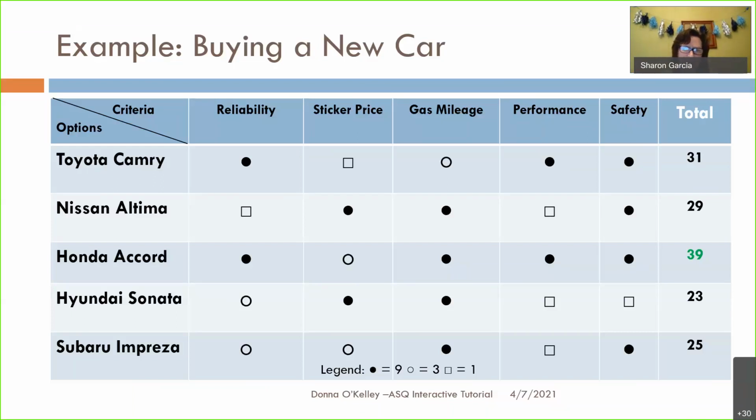Yes, right. If reliability is something you're looking for more than gas mileage, you can actually put a weight to those as well. That happens a lot in the other two methods I talked about that I wasn't going to cover today. If you're just starting out, this is very visual, but you could just put the numbers in there as well.